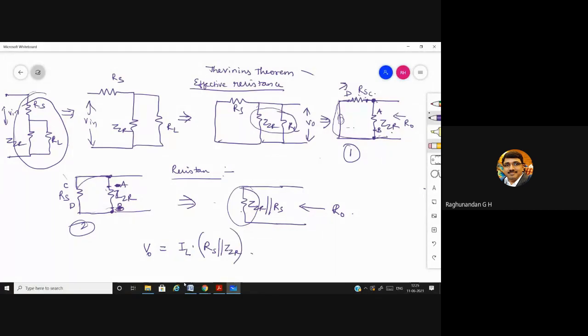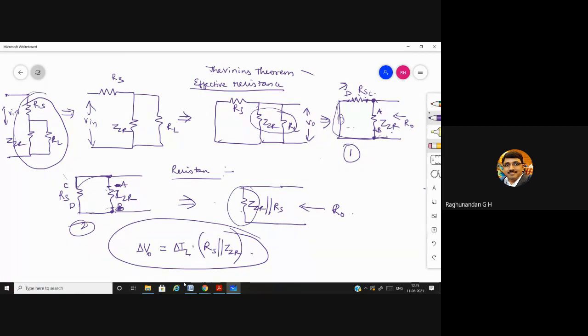Is there any fluctuation in the circuit? Yes, there is some fluctuation. There will be some small change. This small change happens because of change in IL. So we'll have a change in delta V naught. This is the formula for the change in output voltage when there is change in load current.